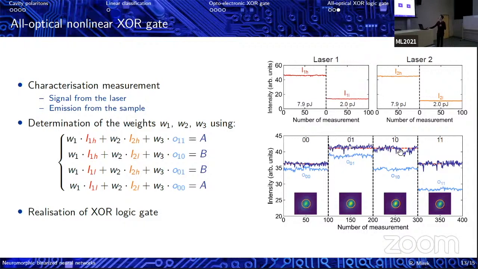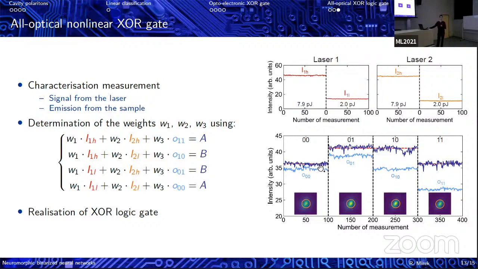And the degree of nonlinearity for this was about 8. So I would say it's quite good. And this is a fully optical system, so we don't need to do anything with this data. It's just performing calculations.